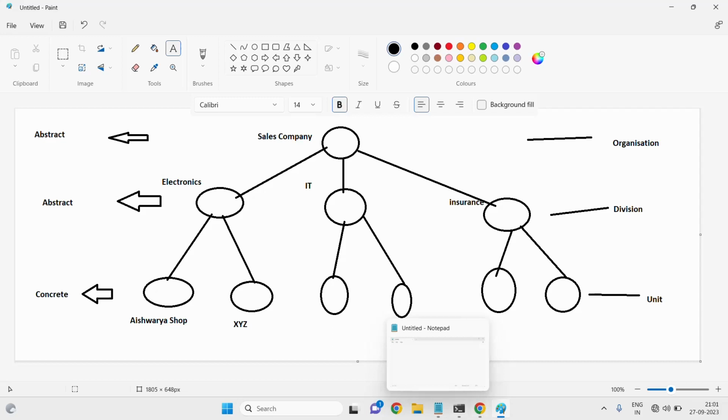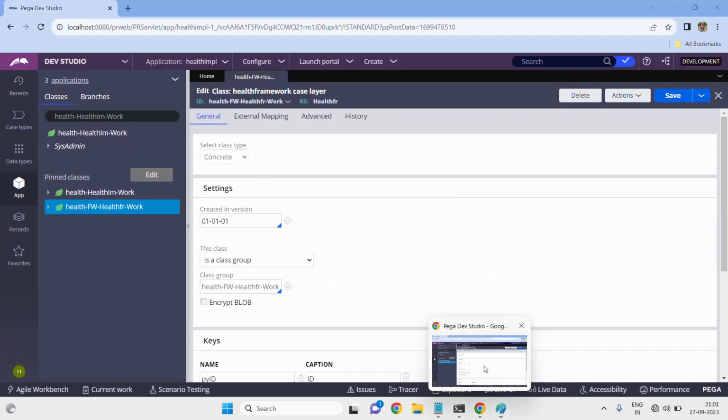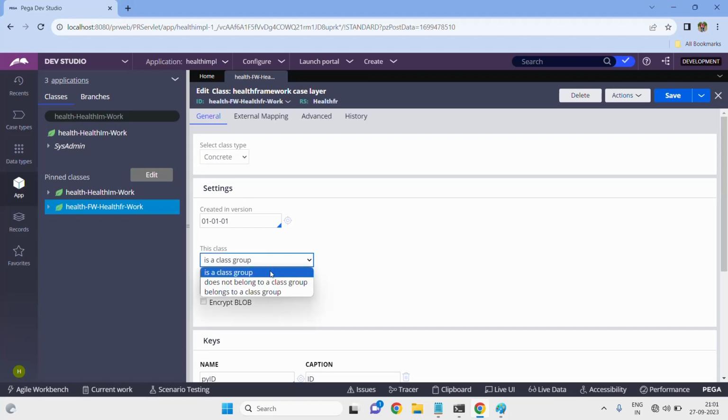Okay, for example, if you see this particular class, it belongs to a concrete class only. This work class belongs to a concrete class, and this is an is-a class group. The classes which belong to concrete classes and is-a class group only can initiate the transaction ID.